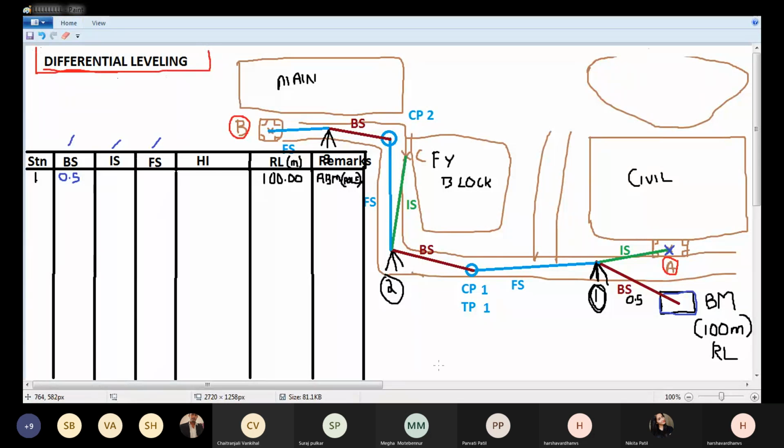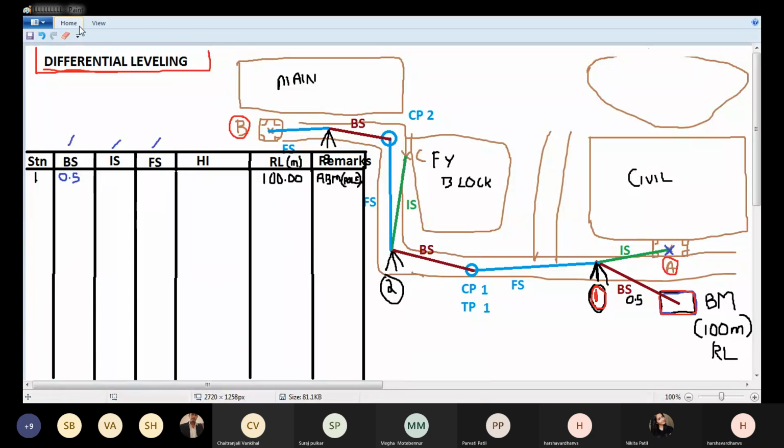How is that? First I'll set up my instrument at instrument point 1 where the benchmark is visible. This is the benchmark. I have taken the flagpole right in front of the civil block building as my benchmark, and I have assumed its elevation as 100 meters. So I'll write it down.